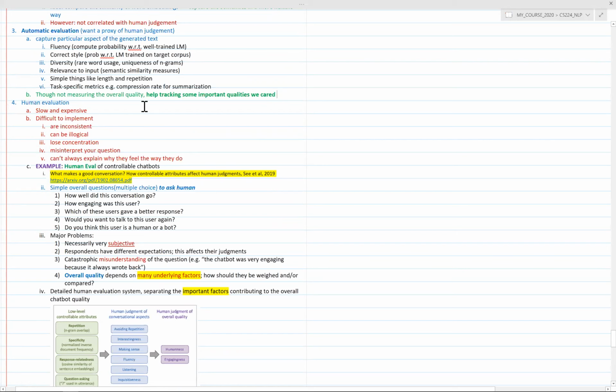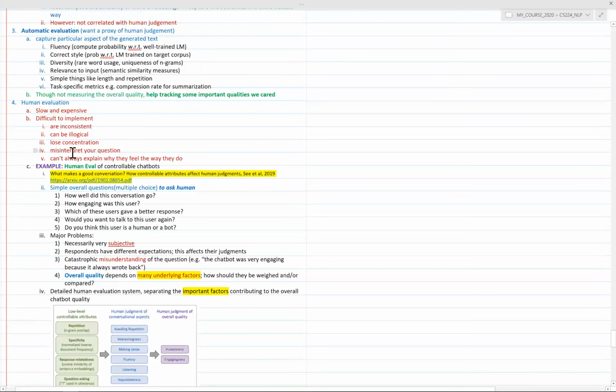People think that human evaluation could be good in this case, but usually it is slow and expensive, and it is difficult to implement because people are inconsistent. When you are tired, you might have a different opinion towards our words, and people could be illogical and lose concentration when they get tired or sleepy.